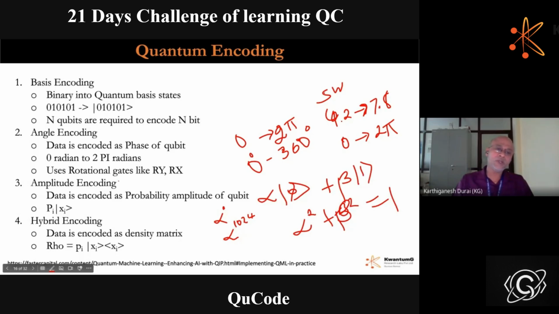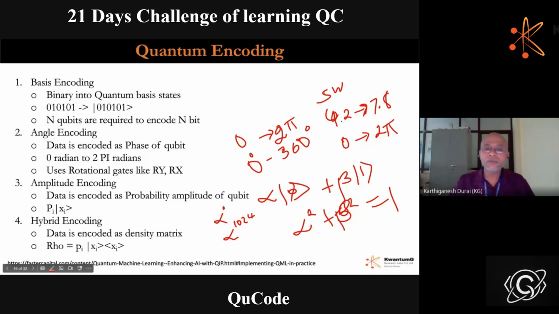So using 10 qubits, you have the possibility of storing 1024 probability amplitudes. If your volume of data is 1024, you will need only n qubits. That is the advantage of amplitude encoding. But what is the value?